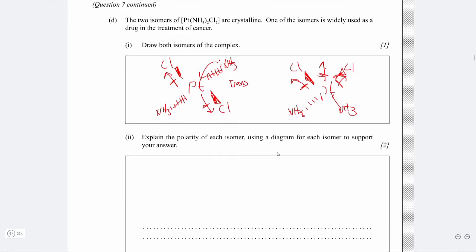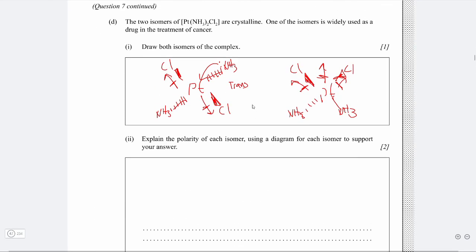So London dispersion forces, they're a part of all types of bonding because the electrons are in random motion, so sometimes there's a temporary dipole in a molecule, which gives rise to a London force. The dipoles are if there's a permanent dipole, which there is in ammonia, because you have a lone pair, which creates a dipole.